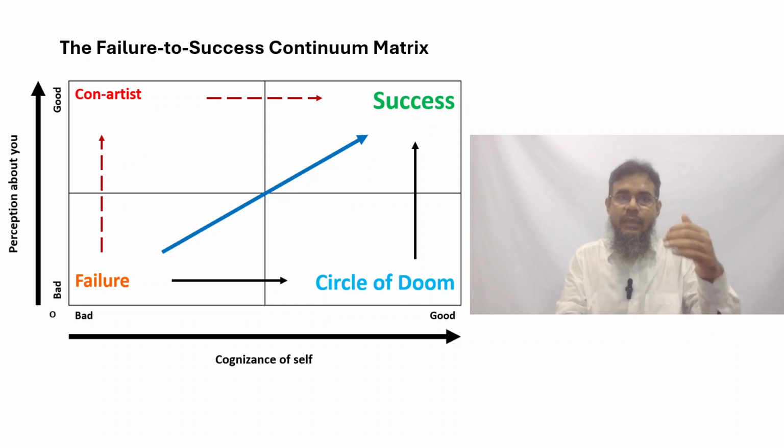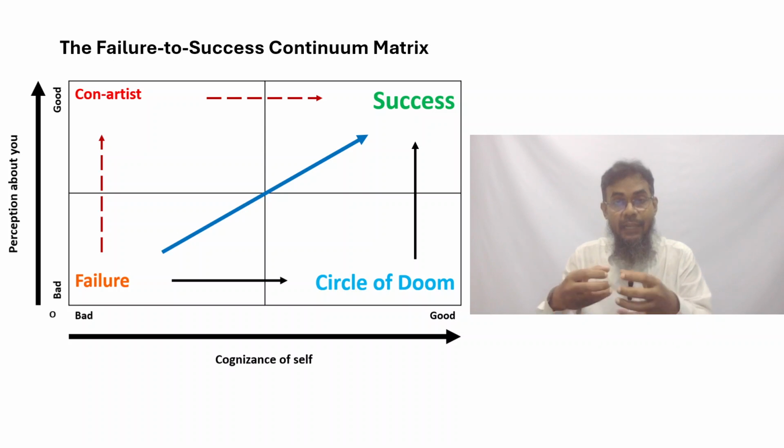And the perception that others have about you is also bad. So it's the bottom left corner on the screen. And this is the term that we can use to describe people in that sort of phase at that point of time.